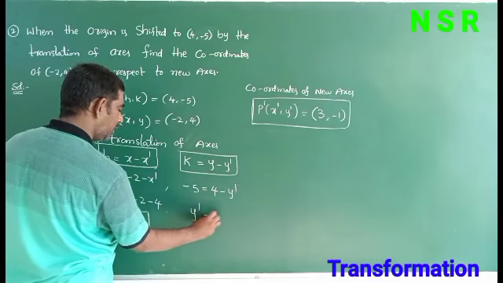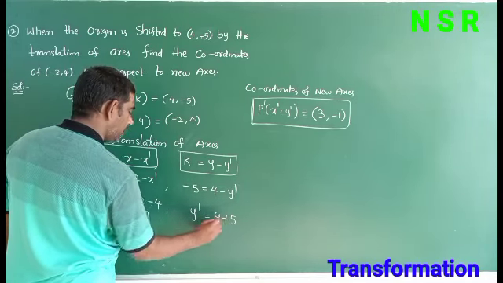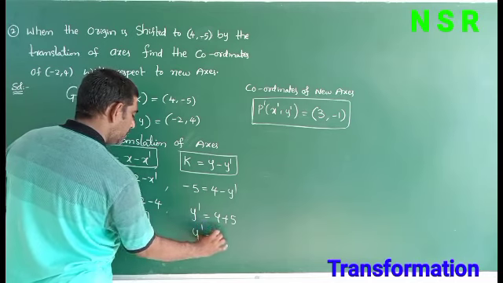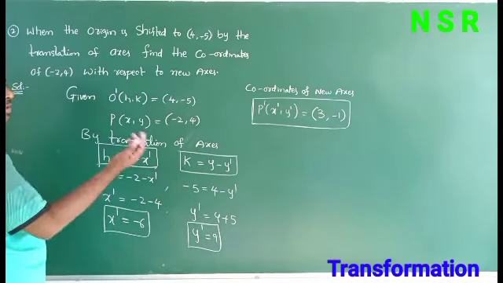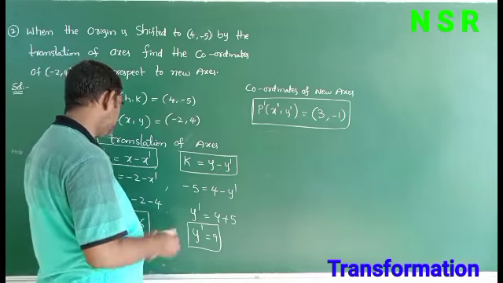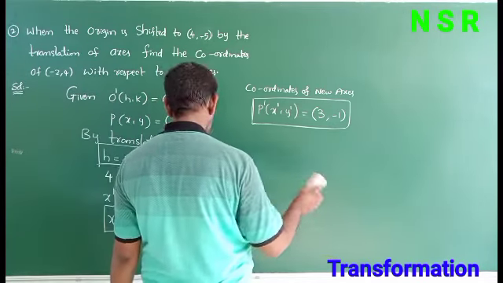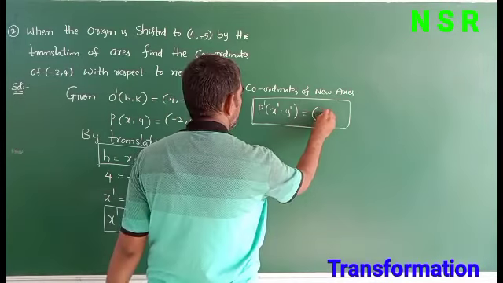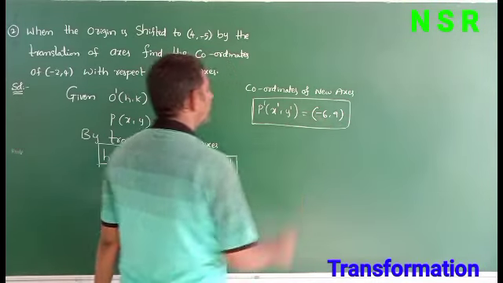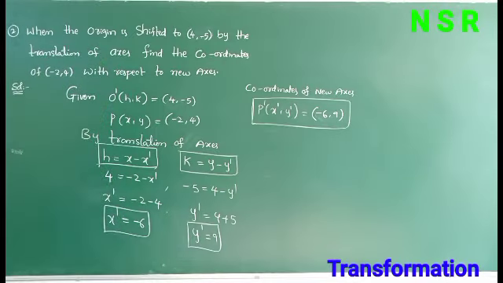Now y dash equal to 4 plus 5. Now y dash is equal to 9. So write the coordinates of the new axis P x dash y dash is equal to minus 6 comma 9. So these are the coordinates of the new axis.